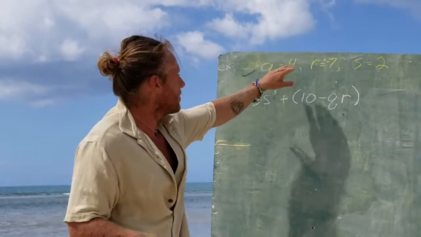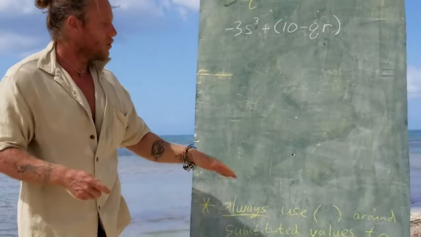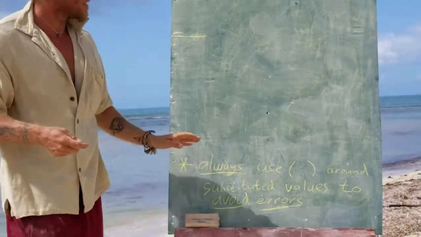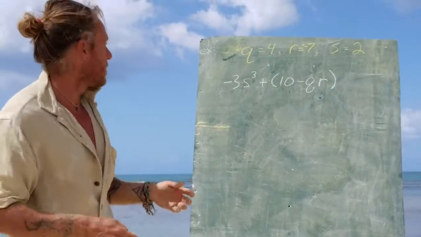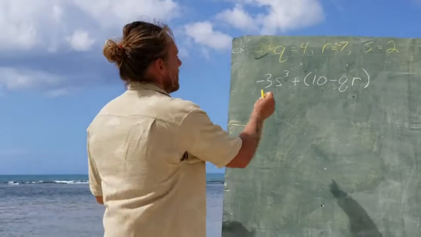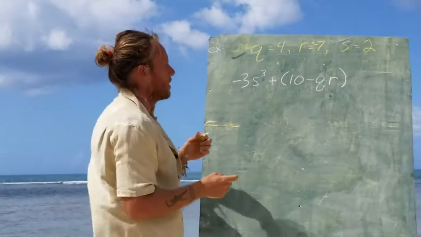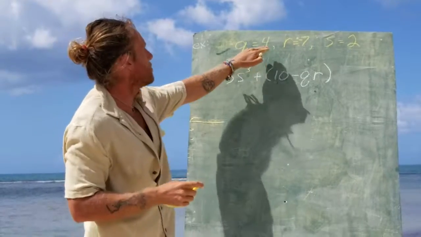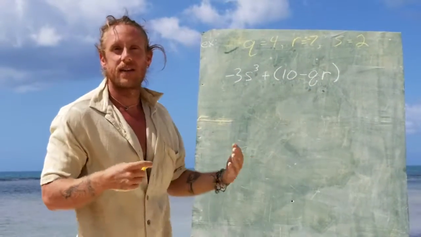We're going to be substituting these values in for the variables, right? Always use parentheses around substituted values to avoid errors. So what I mean by that is, these variables we have a value for. So in order to simplify this, we are going to substitute in the values for these variables.